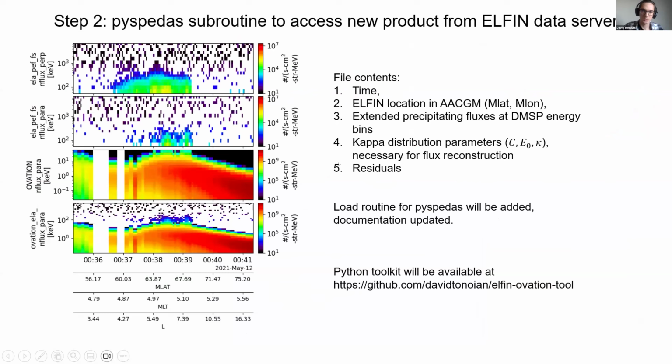The second step would be, using this toolkit that we plan to be publicly available on a GitHub repository, to apply it to all Elfin data to create a new dataset and update the PySpeedus subroutines for loading Elfin data to actually have access to this dataset through PySpeedus. And here on the left is just an example of what we can access from PySpeedus right now.